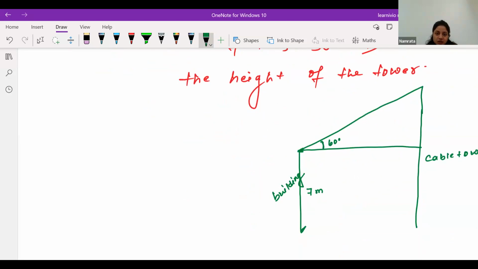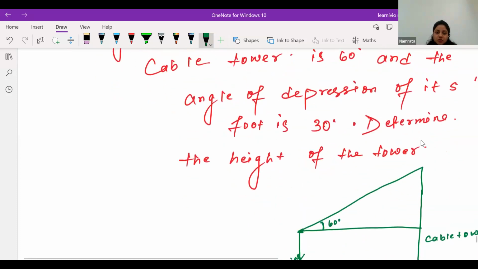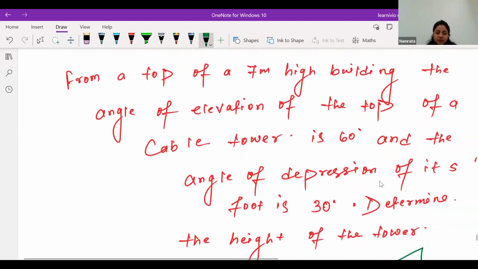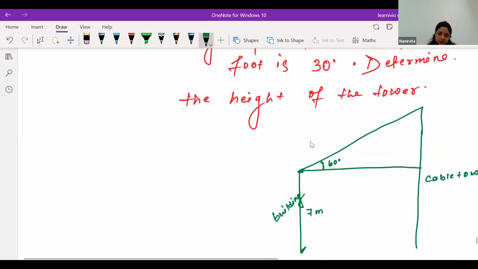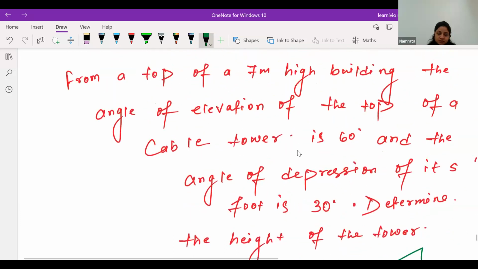Wait just a minute, is it saying so, or is it talking about the depression of this tower? Angle of elevation of the top and the angle of depression of its foot.